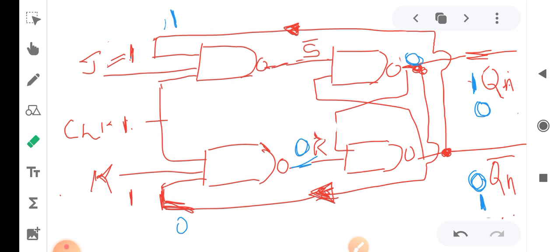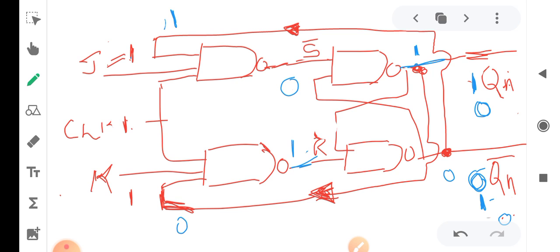So S now becomes 0 and R now becomes 1, and 0 complement now becomes 1. So 1 into 1, 1 complement, now it becomes 0. So previously it is 1, now 0, now it becomes 1, now it is 0.